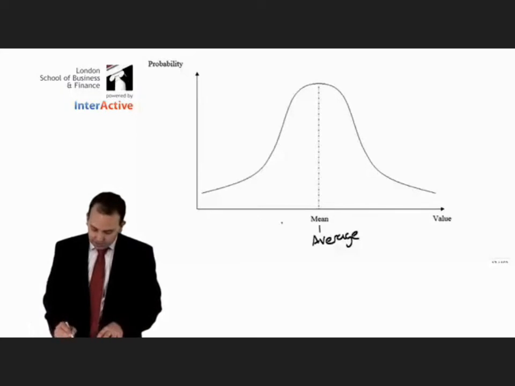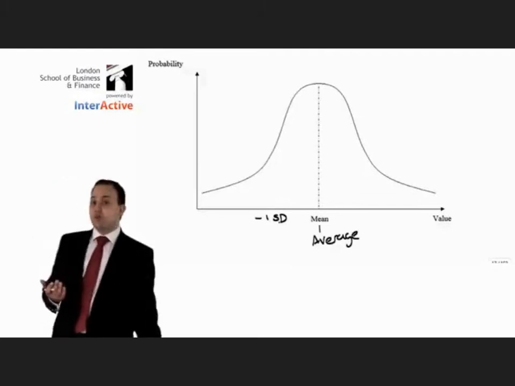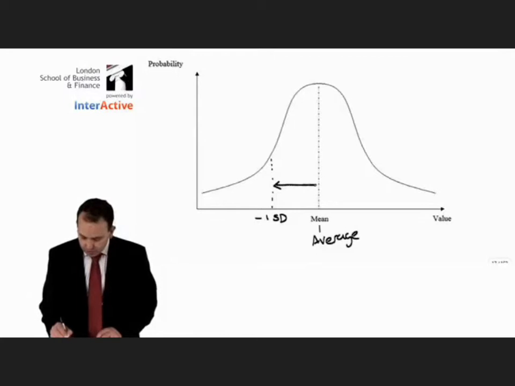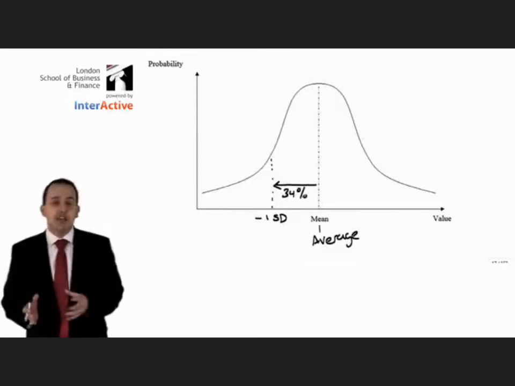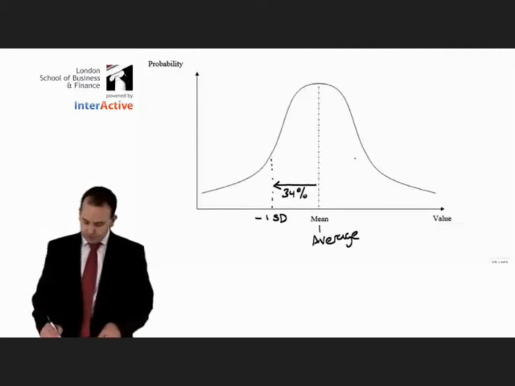Now, the characteristics of the standard deviation: if you were to calculate the results that were one standard deviation below the mean, what you would discover is approximately 34% of all results would lie between the mean and that figure that was one standard deviation below the mean.